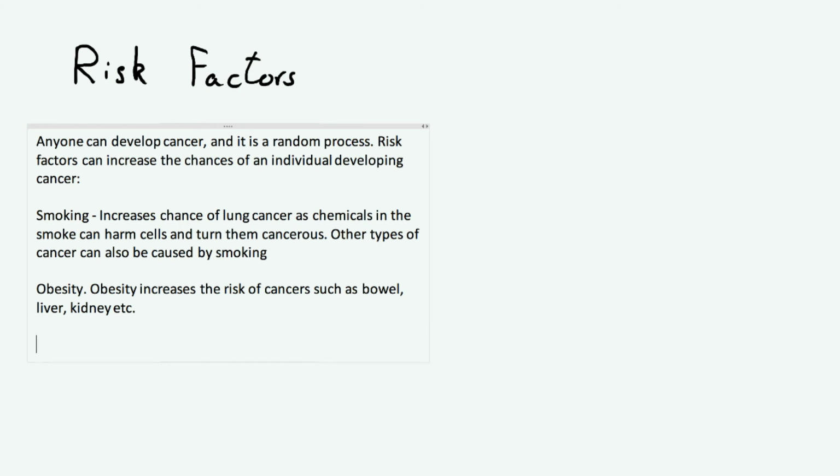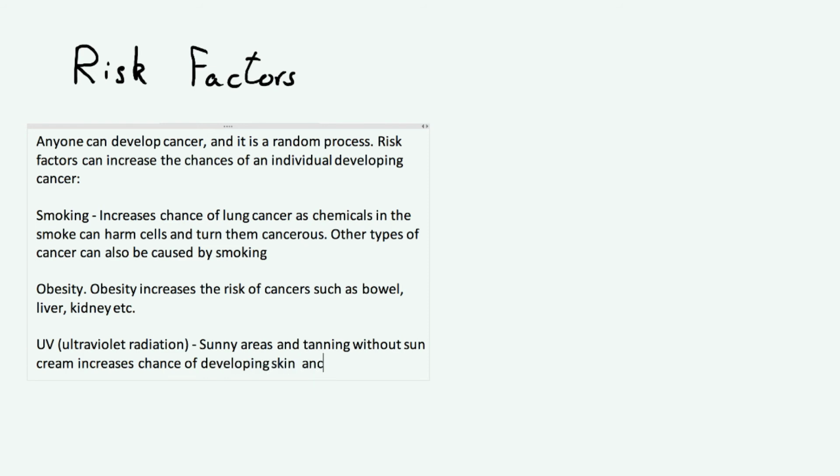Another one is UV, which is ultraviolet radiation. UV stands for ultraviolet. We get doses of ultraviolet from direct sunlight. The sun gives out UV, and so sunny areas and tanning without sun cream increase the chance of developing skin cancers.